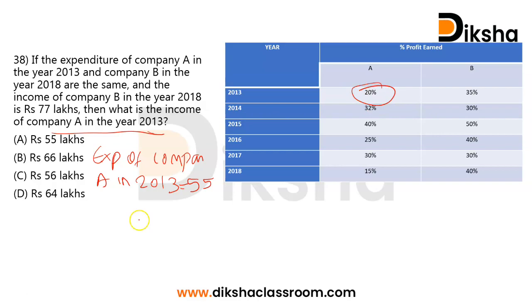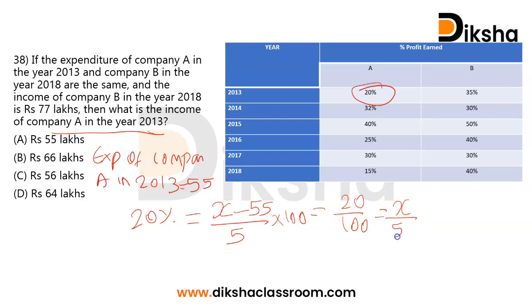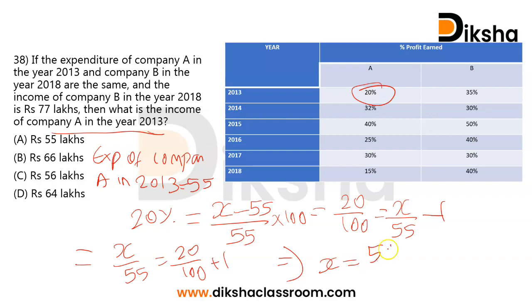So again we substitute in the equation: profit percentage 20% equal to income minus expenditure, income we don't know, x minus 55 by 55 into 100, which gives you 20 by 100 equal to x by 55 minus 1, which gives you x by 55 equal to 20 by 100 plus 1, so x will be equal to 55 into 120 by 100. You get the answer of 66.